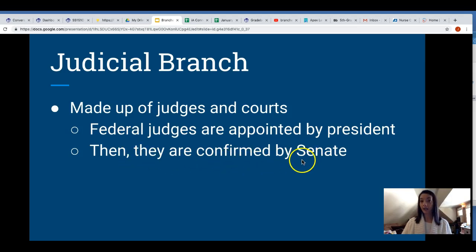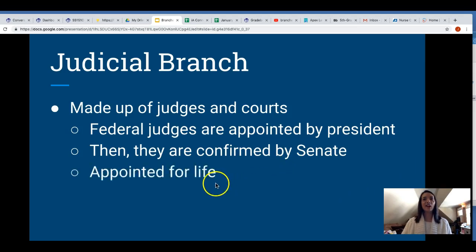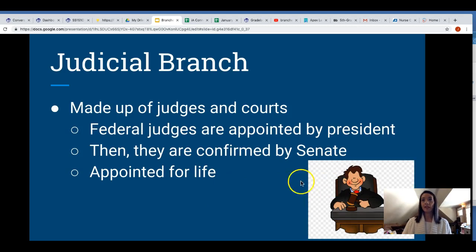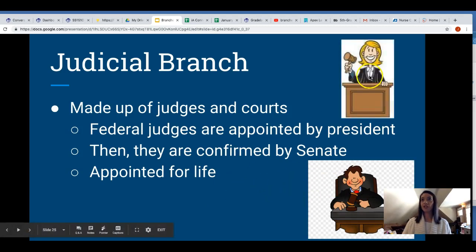Which branch does the Senate belong to? If you said legislative, you're right. Okay, and federal judges, they're appointed for life. So they sit on the bench, right? They sit in that courtroom for the rest of their life until they retire. So here's a picture of one judge, and we had to have a lady judge too.